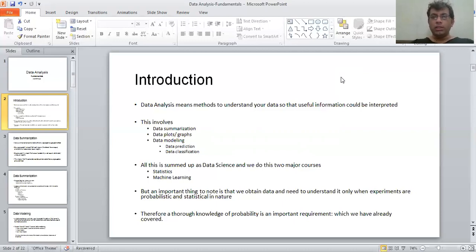By statistical nature experiments, we mean those experiments about which we are not sure what the output will be. There could be different outputs at different instances of time.